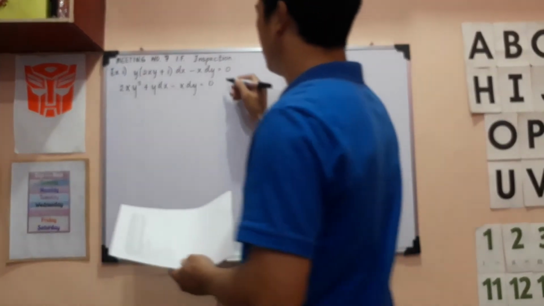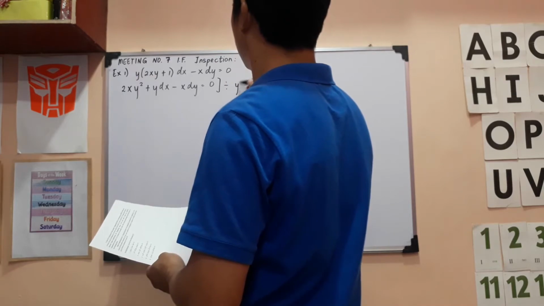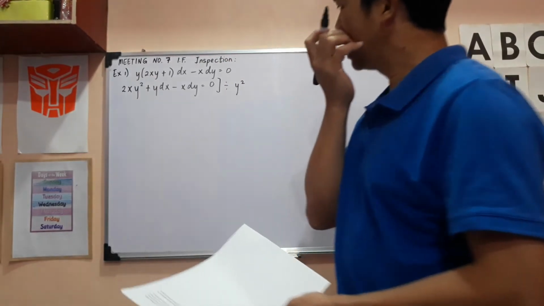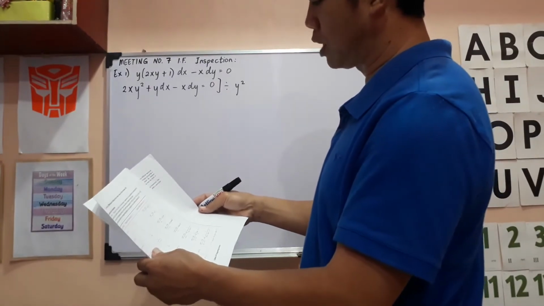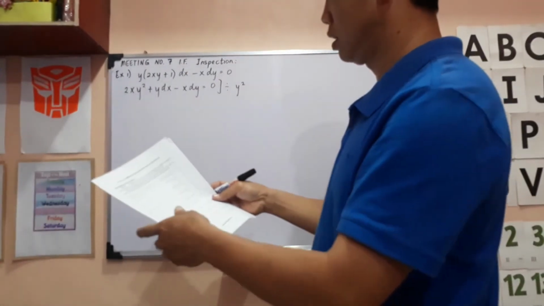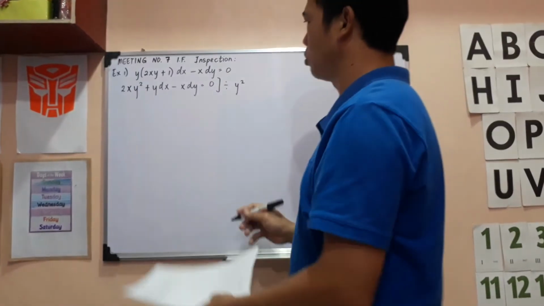Now, if we divide this by y square, naisip ko lang kasi kung meron tayong y dx minus x dy sa ating table, pag dinivide mo sa y square, that is the derivative of x over y.